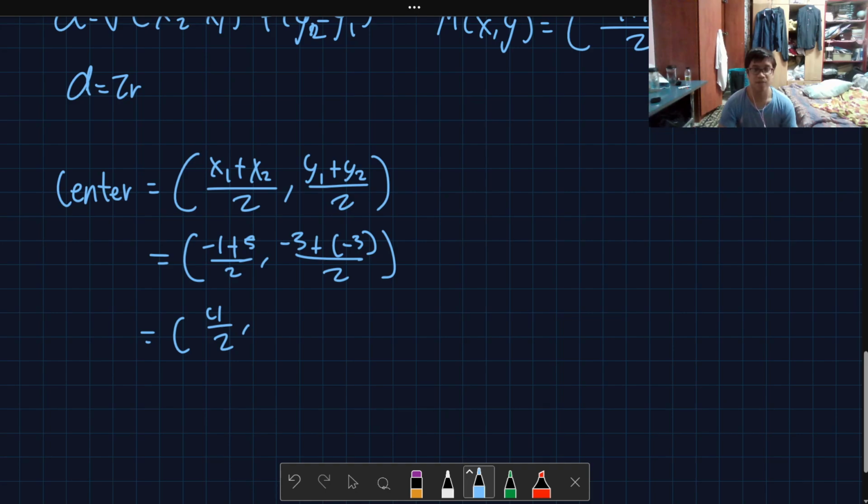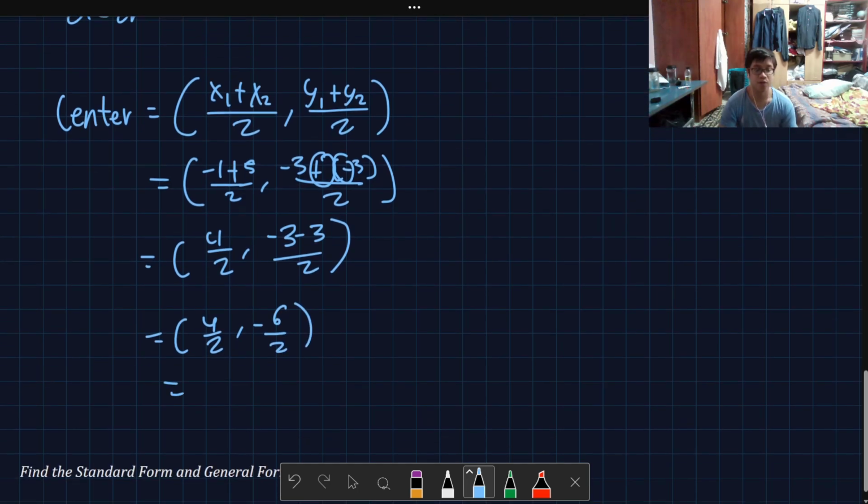Negative 3 plus negative 3, so plus minus. Positive times negative, you will get negative. So in this case, instead of plus negative 3, you will get minus 3. All right? So negative 3 minus 3 will give you negative 6 all over 2.